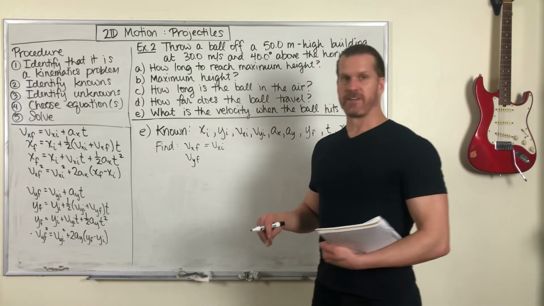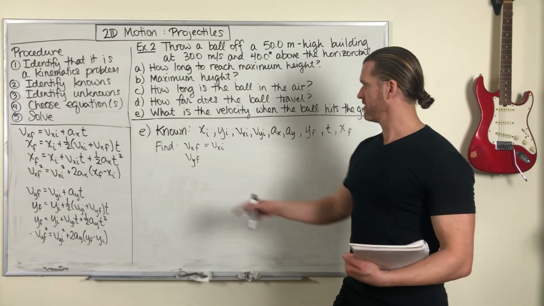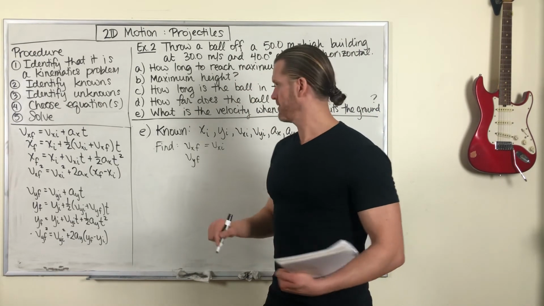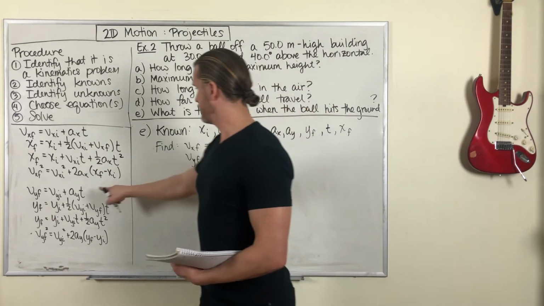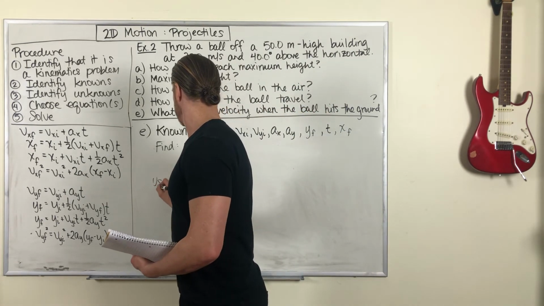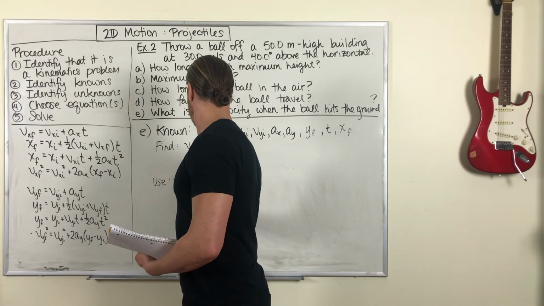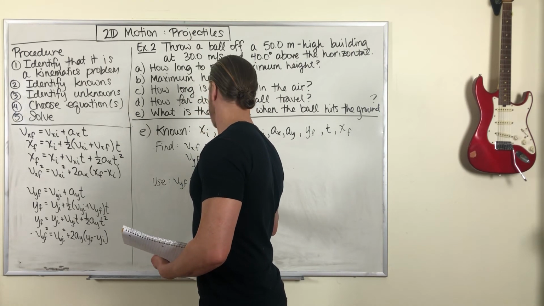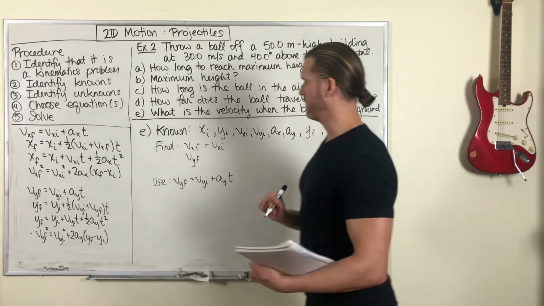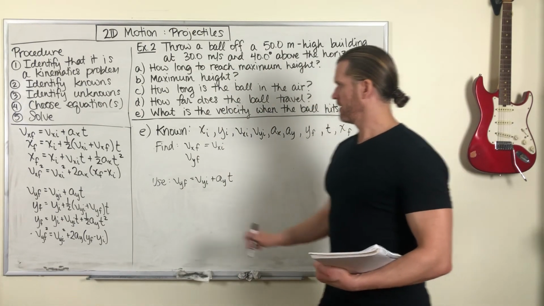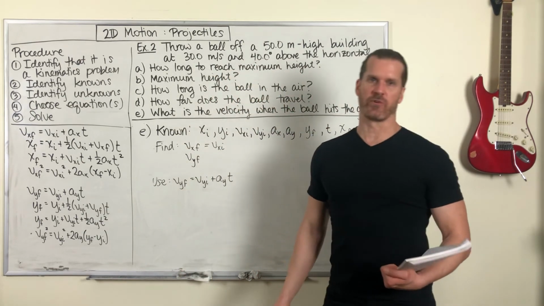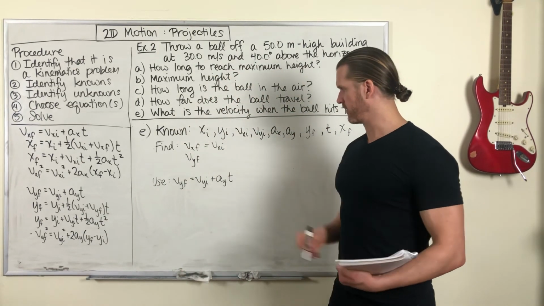So really our only mathematical job is to figure out Vy final, and that's not too hard either, because we can just use Vy final equals Vy initial plus Ay t. There are other ways we could have done it, but all those other equations would have been more complicated. This is the easiest one to use.